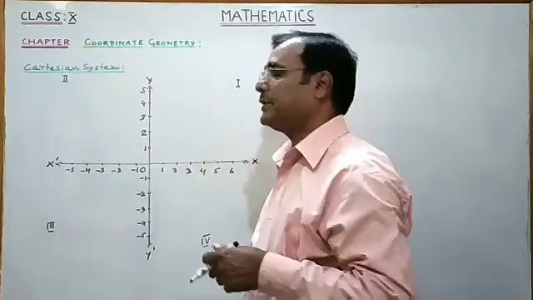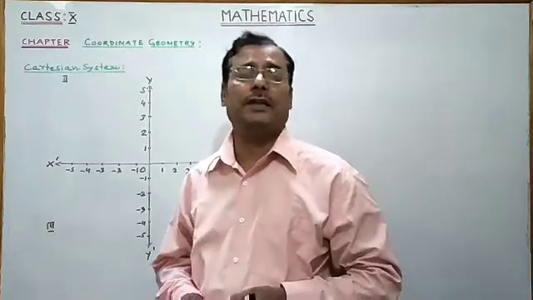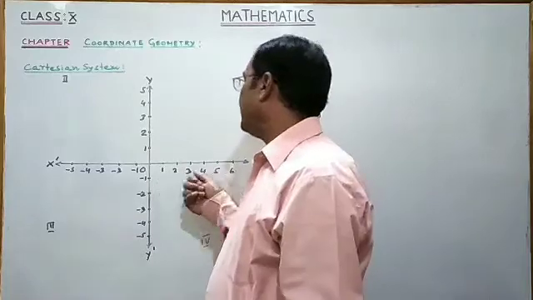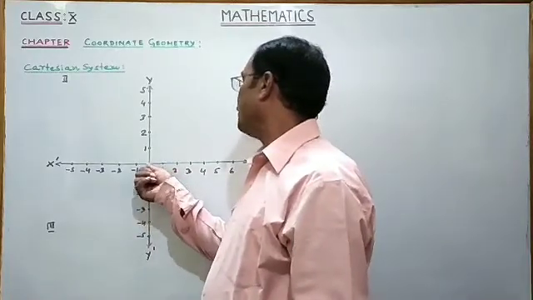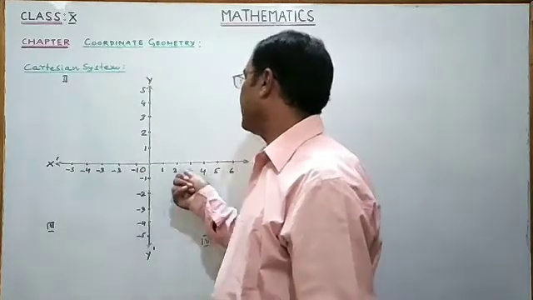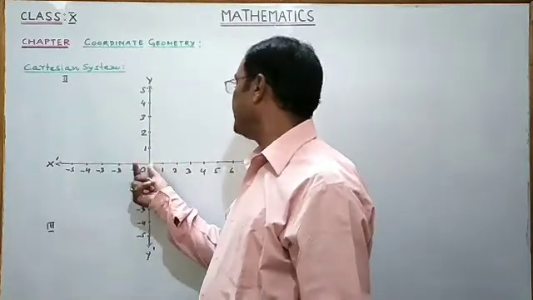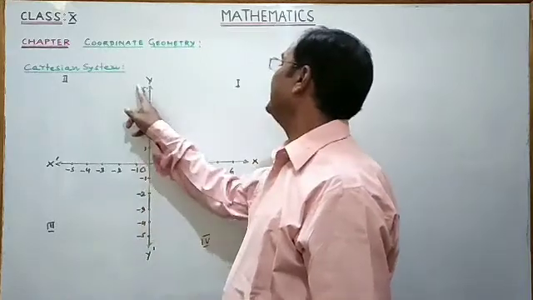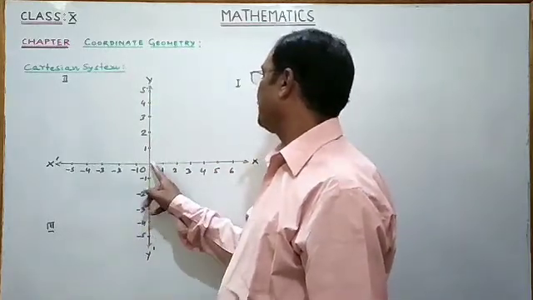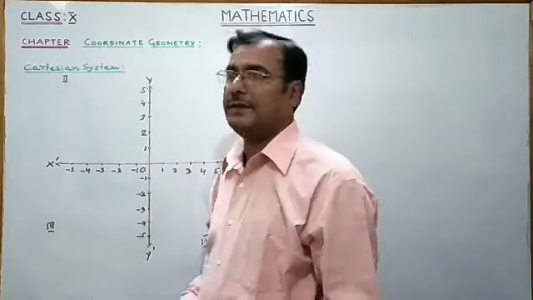These numbers we mark on these two axes to denote the different distances measured from the origin. These numbers denote distances measured from the origin on the x-axis, and these numbers denote the distances measured from the origin on the y-axis.